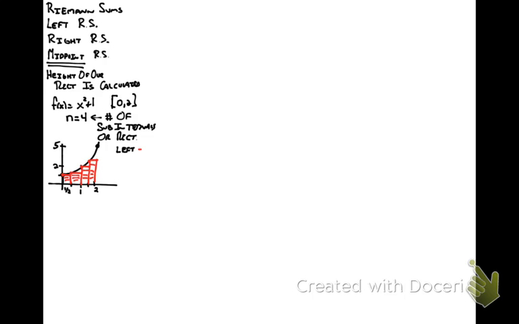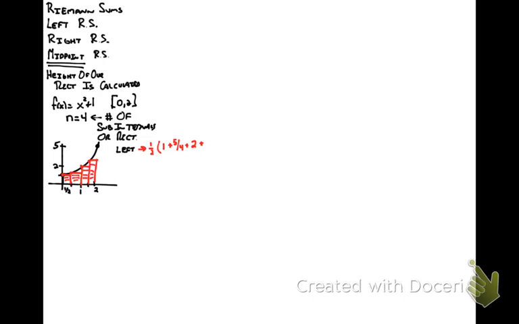Right? An approximation of the area would be 1/2, that's the width of each rectangle, times the height at each point. So when x is 0, y is 1, so that's the height of our first rectangle. When x is 1/2, y is 5/4, so that's the height of our second rectangle. When x is 1, y is 2, so that's the height of our third rectangle.